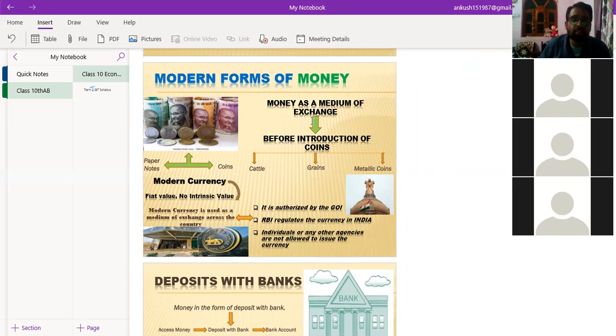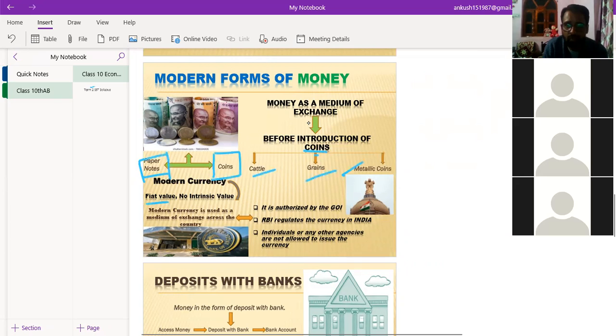Before the introduction of money, people used to purchase cattle, grains, and exchange metallic coins. And now, in modern time, we have paper notes and coins. Paper notes and coins are considered the modern form of money, modern currency.